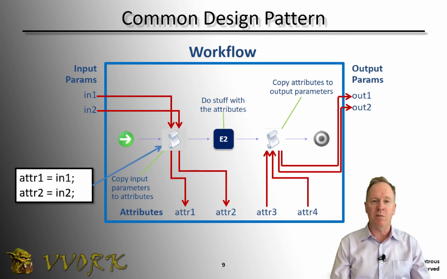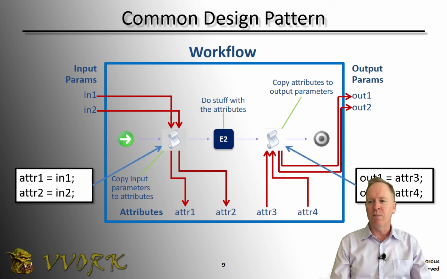This will work for any number of input parameters. And similarly, at the end of your workflow, if you need to copy attributes out to output parameters, assuming you've got your binding set up, you'll have very similar code. You'll just say the output parameter equals whichever attribute you're trying to capture the value of. So again, that's a fairly straightforward design pattern.